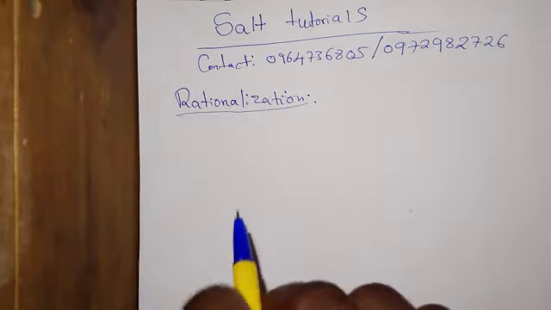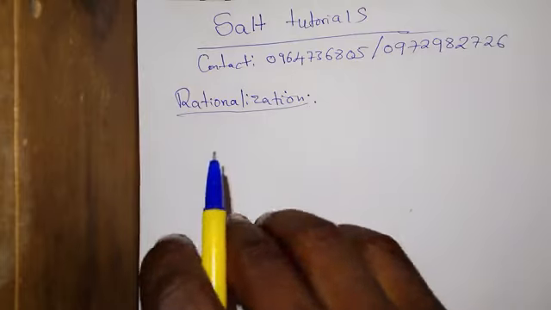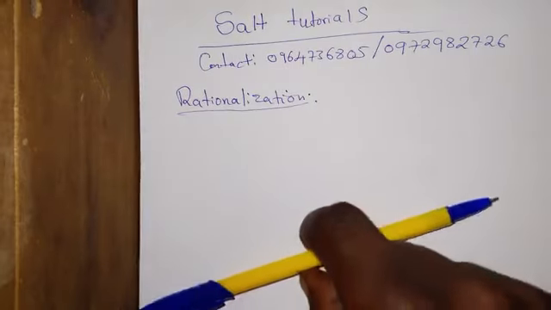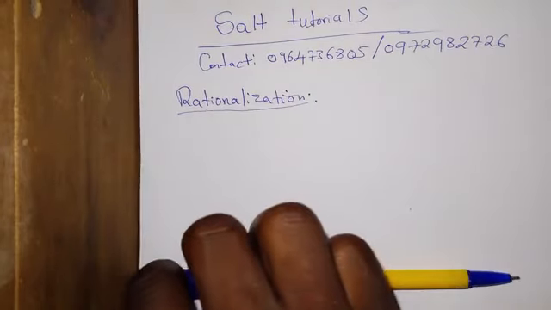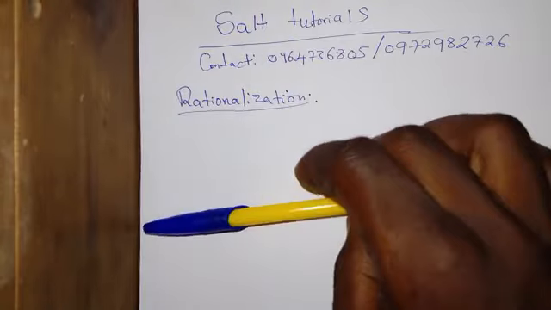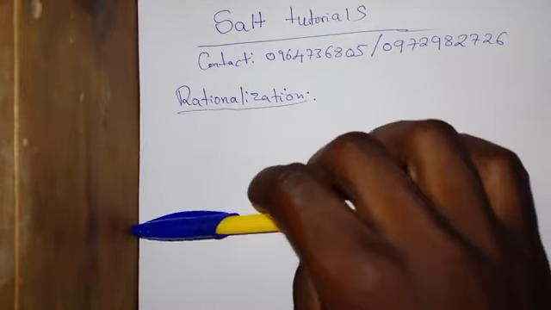Now I want you to understand that there are some cases whereby you've been given fractions which comprise surds in them. A surd can either be in the numerator or a surd can be in the denominator.